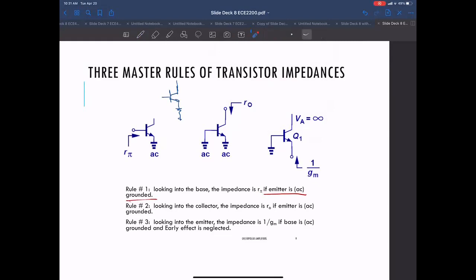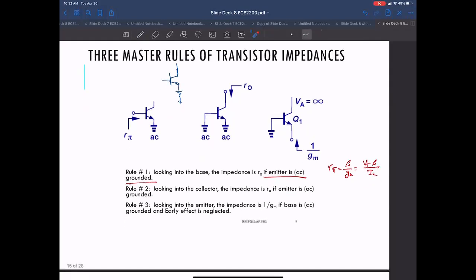And furthermore, R sub pi is beta over G sub M, which is equal to V sub T beta over I sub C. So the lower the I sub C here, the higher this input resistance is. Okay, so that's rule one.